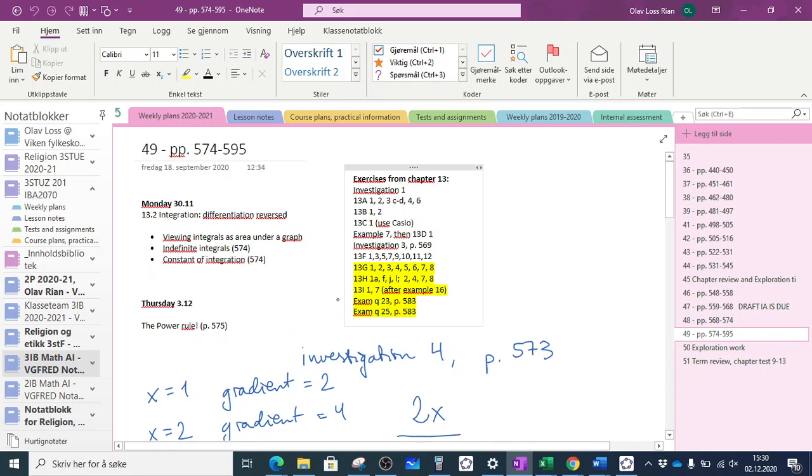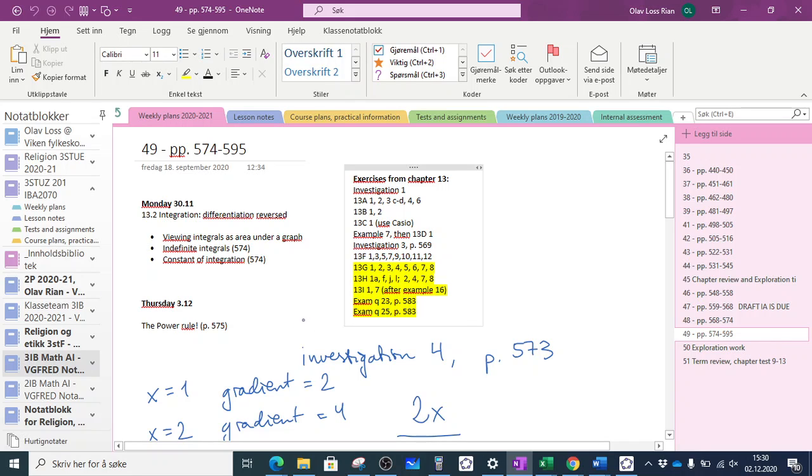Okay, so when we integrate, we can use this formula here, a x to the power of n plus 1 divided by n plus 1, plus c.